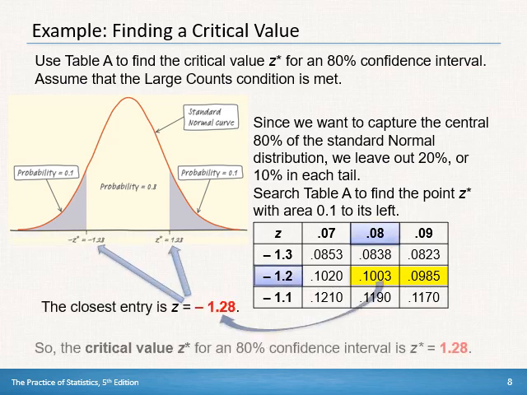The closest value is going to be negative 1.28. We don't worry about the negative. We always think of our critical z value as being positive. So the critical z star for an 80% confidence interval will always be 1.28.